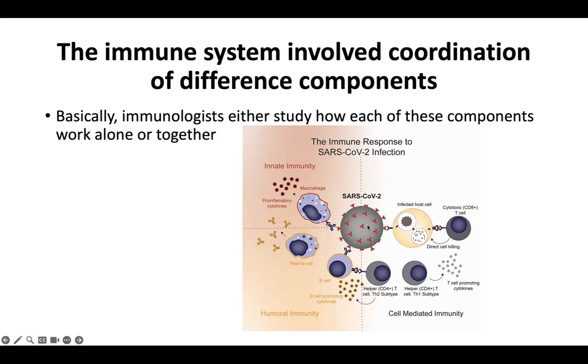This is not necessarily drawn to scale, but the picture showing here depicts that you have the innate immune components that respond to the pathogen, and you also have the adaptive immune components that respond to the target, and they all work in coordination with each other, which is why it's a system.